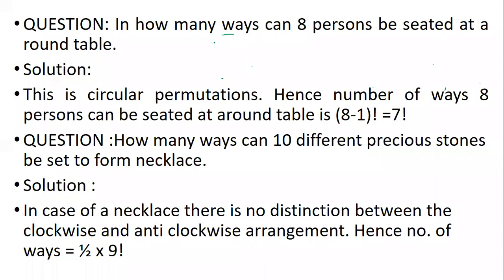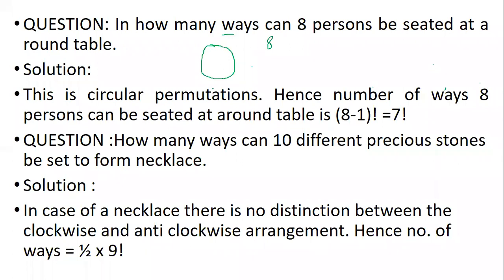So here it is. We have 8 people with us. All the 8 people are sitting at a round table here. Now, how many ways can I arrange the people at the round table?